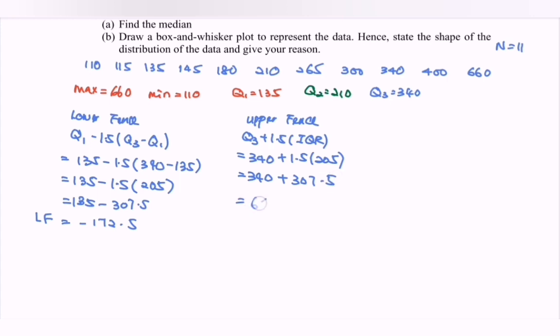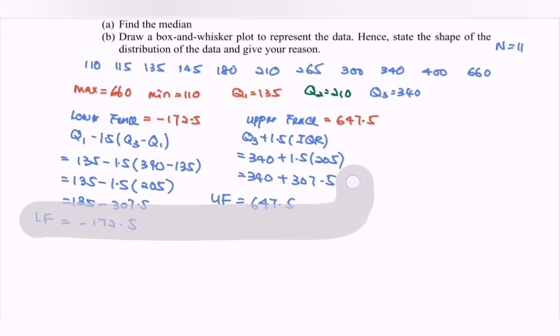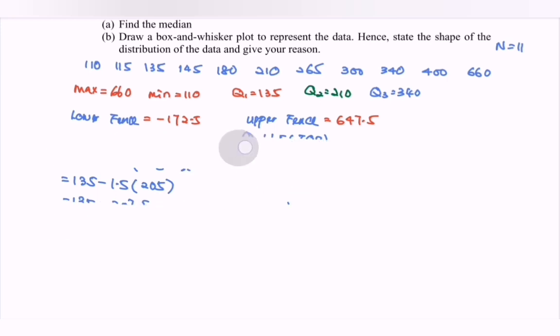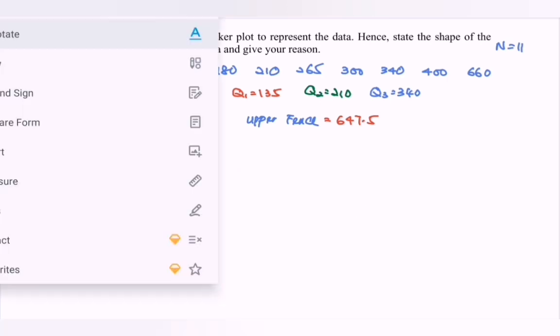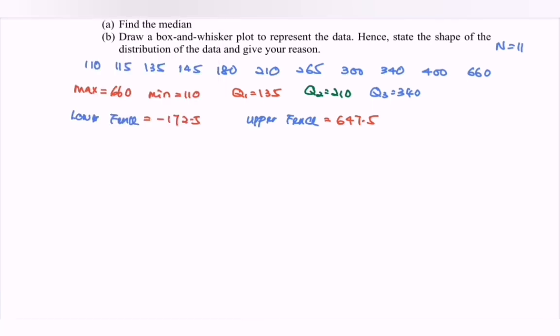So now we have 647.5 for the upper fence. Now, kindly refer to A, we have the median, which is the Q2, 210.